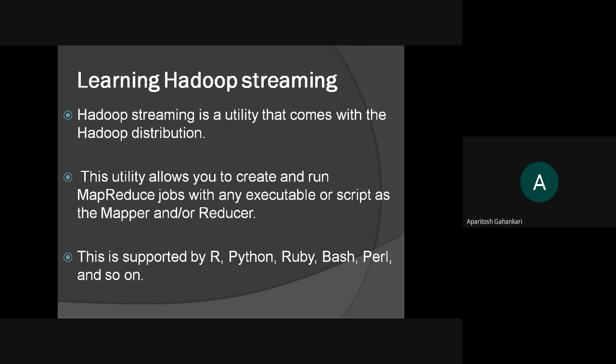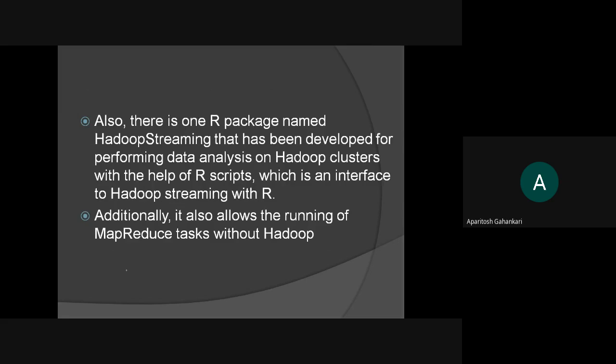Some of the supported programming languages are R, Python, Bash, Ruby, and Perl, and so on. Okay, also there is a package named HadoopStreaming. So this is the name of the package, HadoopStreaming, and this package will deal with data analysis on the Hadoop cluster with the help of R scripts.